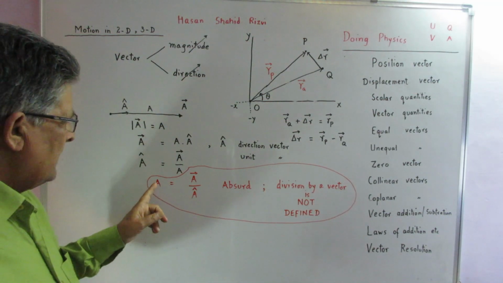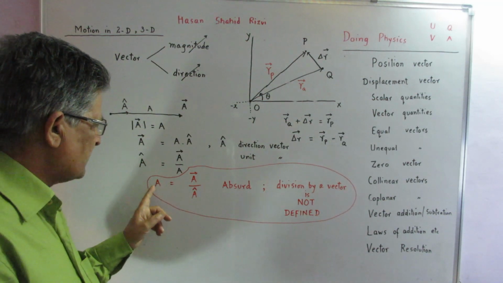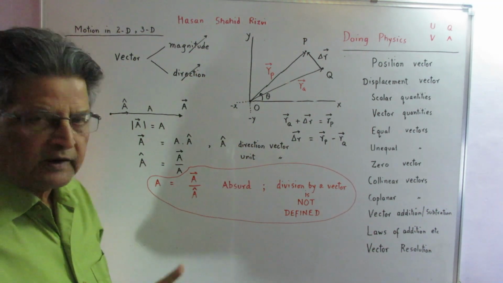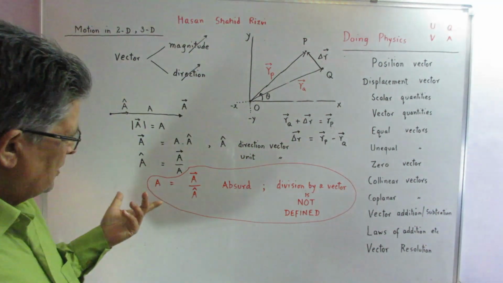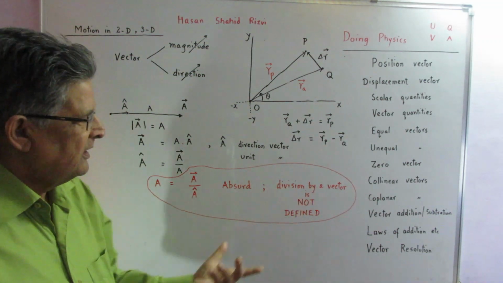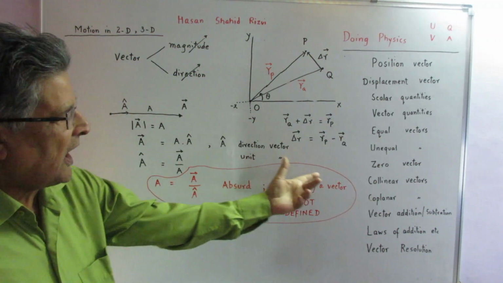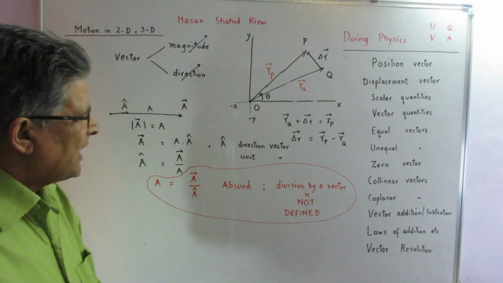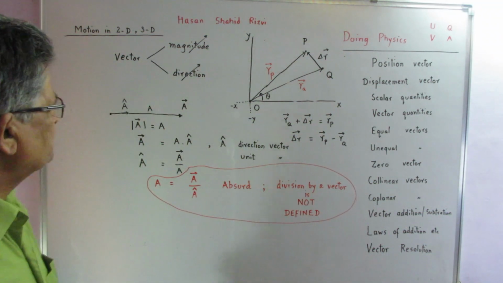Here we are getting a scalar by dividing a vector by a vector, which is not defined. So I define that this equation is absurd in any situation.